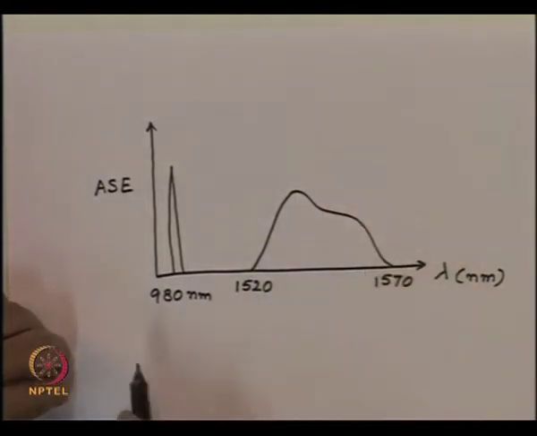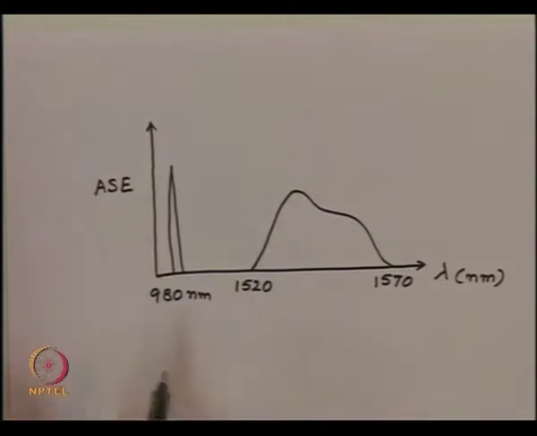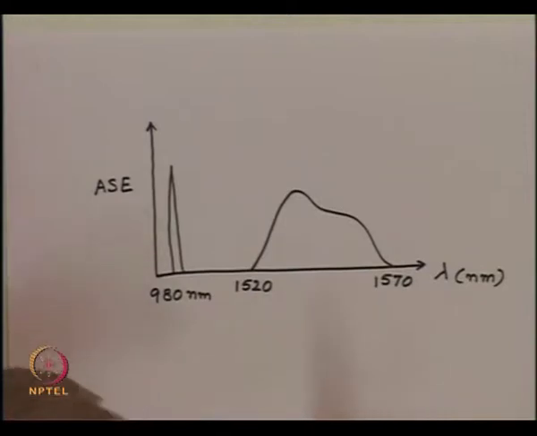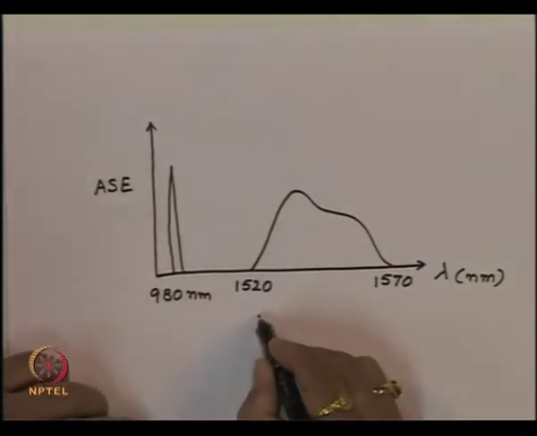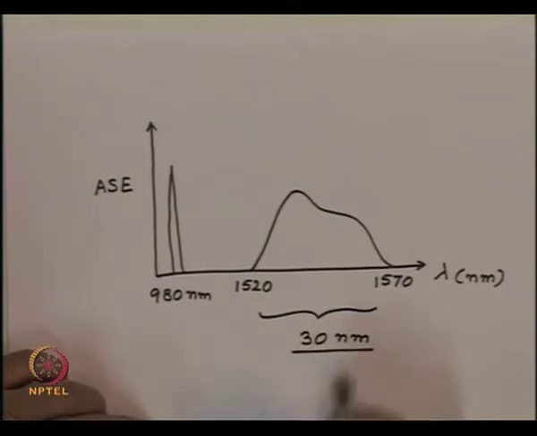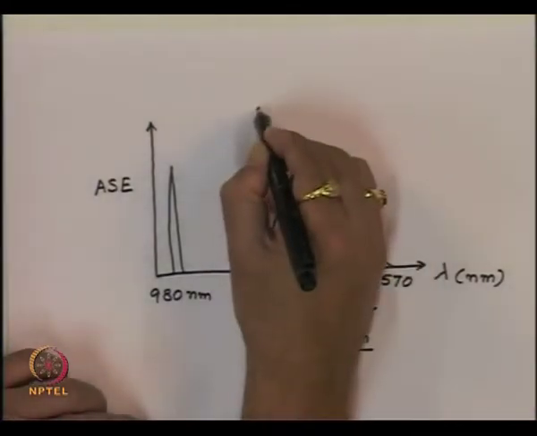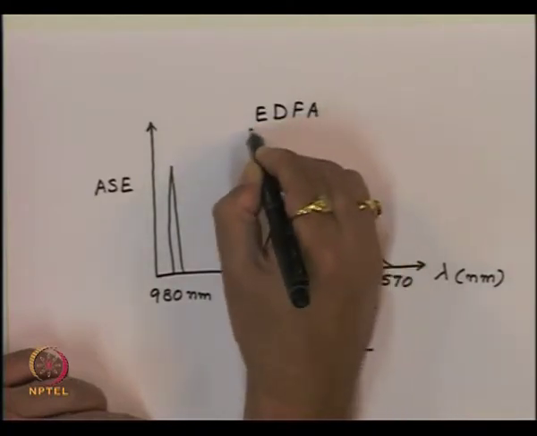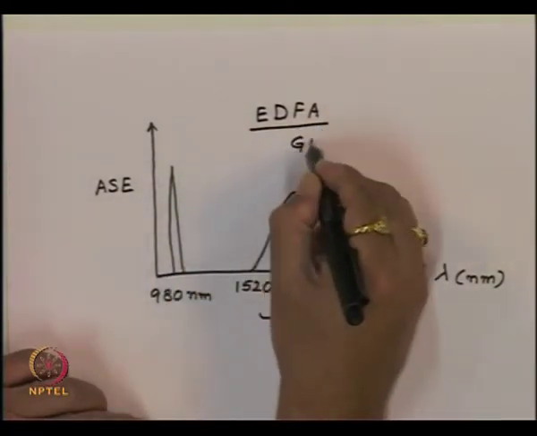If you put here, the gain will be lesser, and so on. So what that means is that the EDFA essentially gives broadband amplification typically over a band of about 30 nanometer effectively. So this is the EDFA gain.